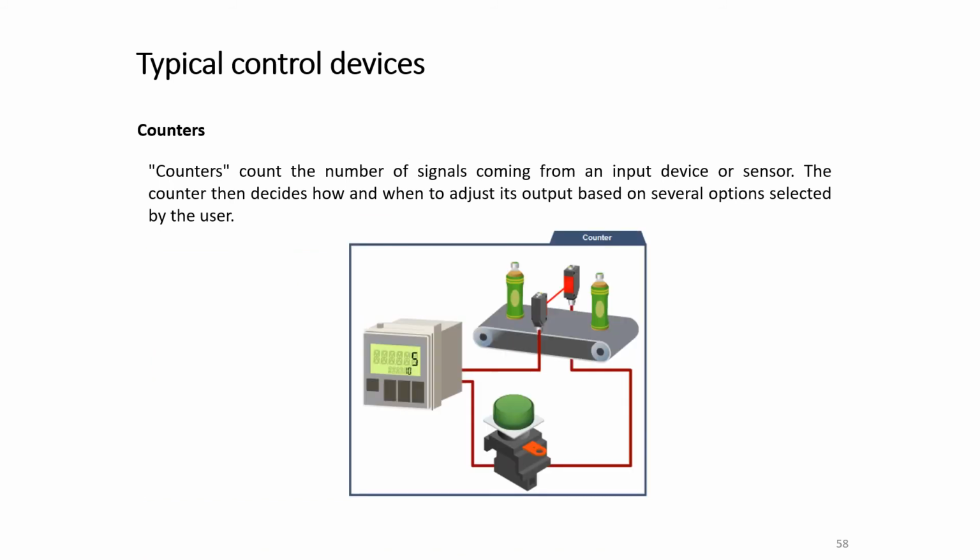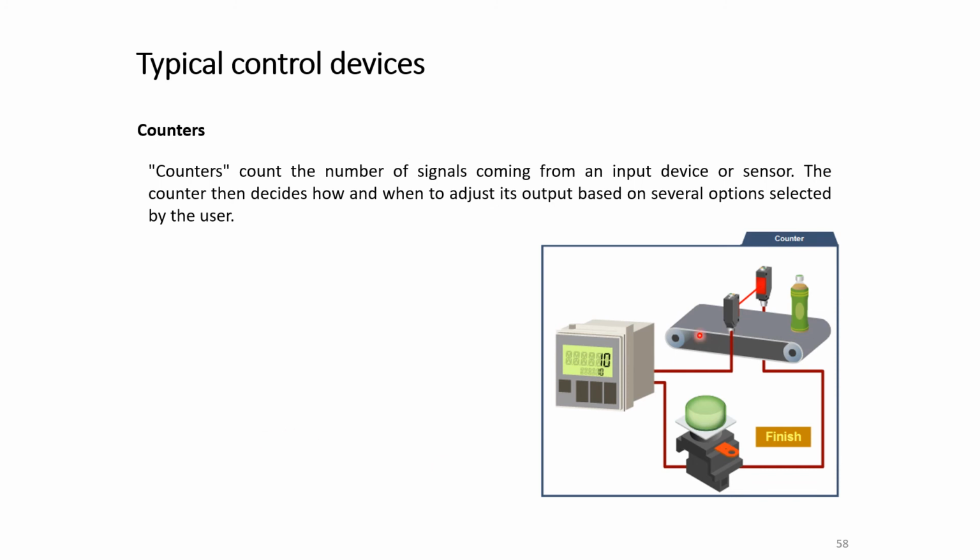So here we have a counter with the preset value of 10, and already 5 bottles have passed on this conveyor, so the counter counts up from 0 to 5, and finally the last bottle, the 10th bottle, will pass, and the counter reaches the number 10, which is the preset value.